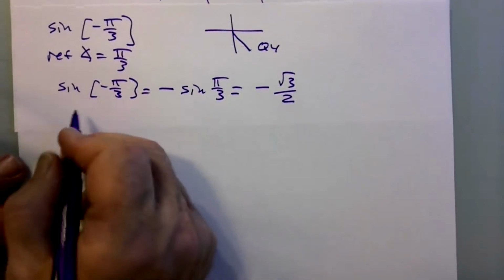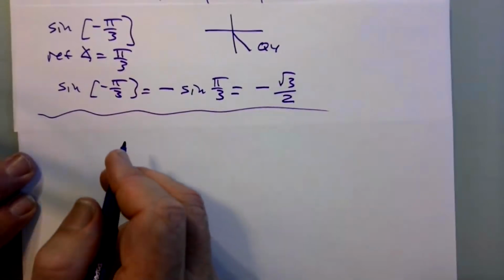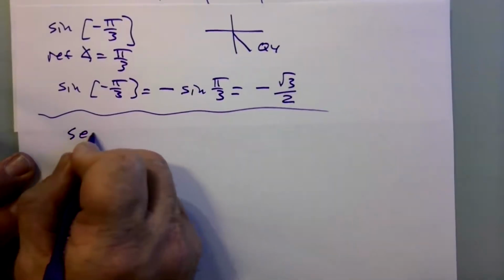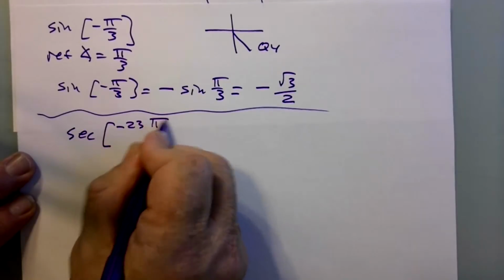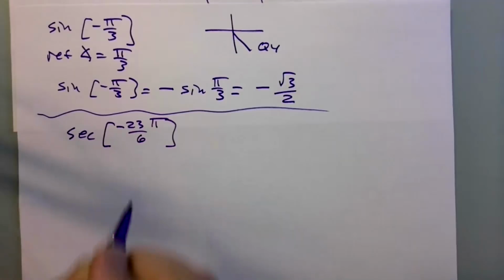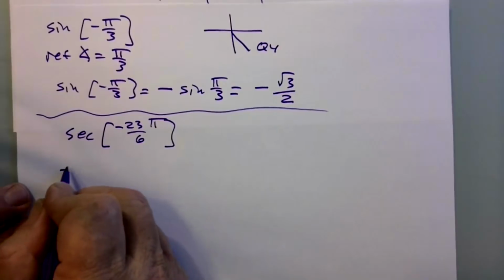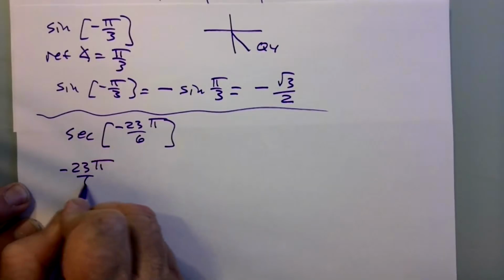The next question I have for you, so we'll keep our table handy. Make sure you know those values. Next question is secant of negative 23 pi over 6. So what I have to do is figure out what negative 23 pi over 6 is in my first revolution. So let's add 2 pi.